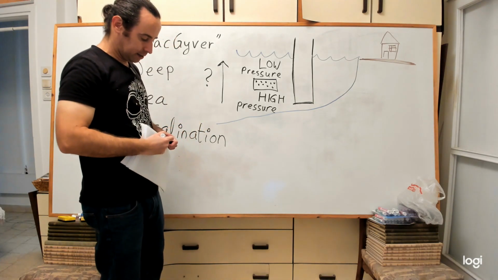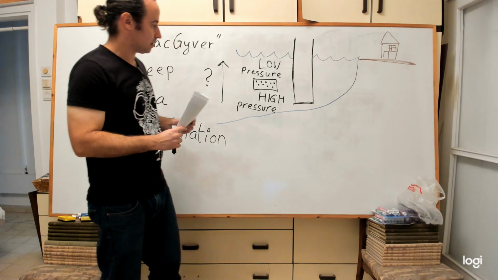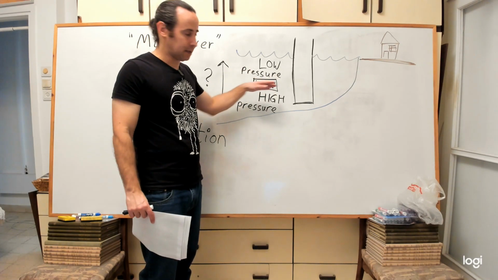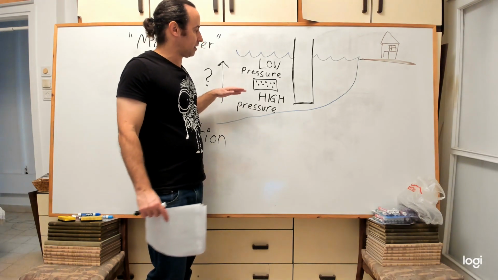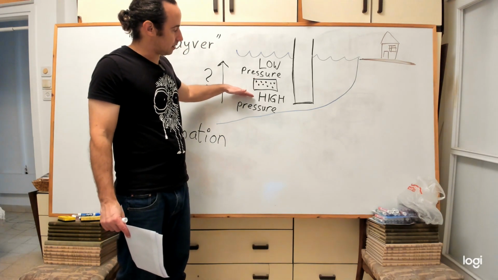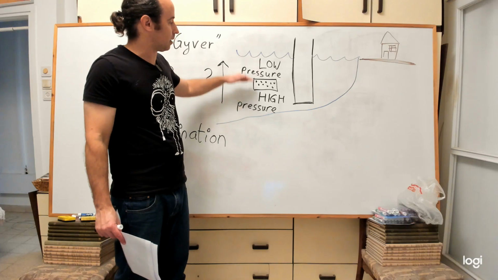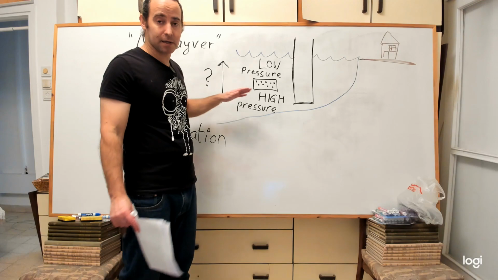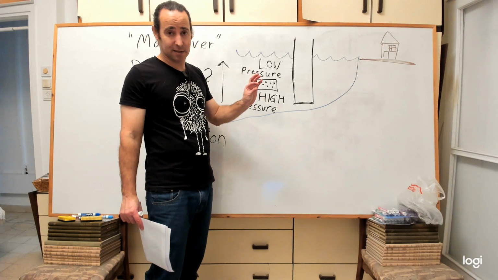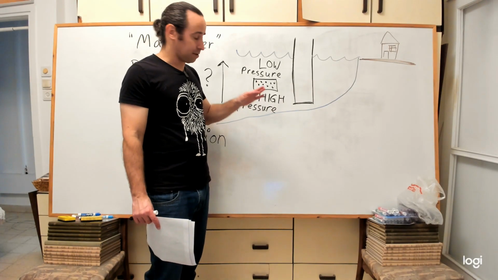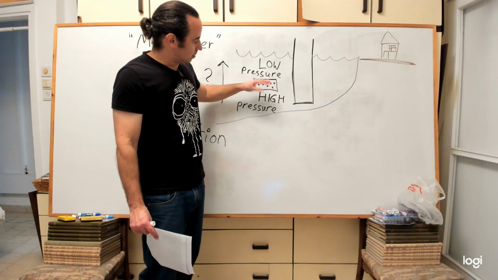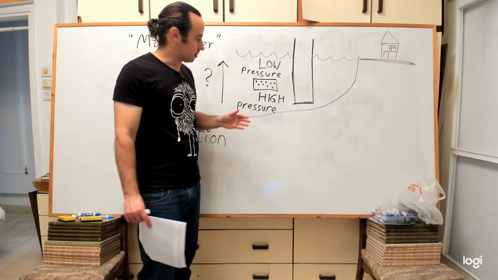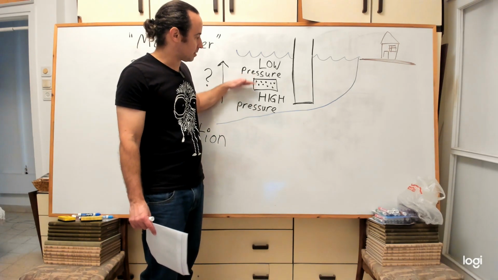No. Why? Because the membrane is very thin, maybe less than a centimeter in thickness. If we measure the pressure above the membrane and below it, a centimeter to here or a centimeter to here is almost the same pressure.